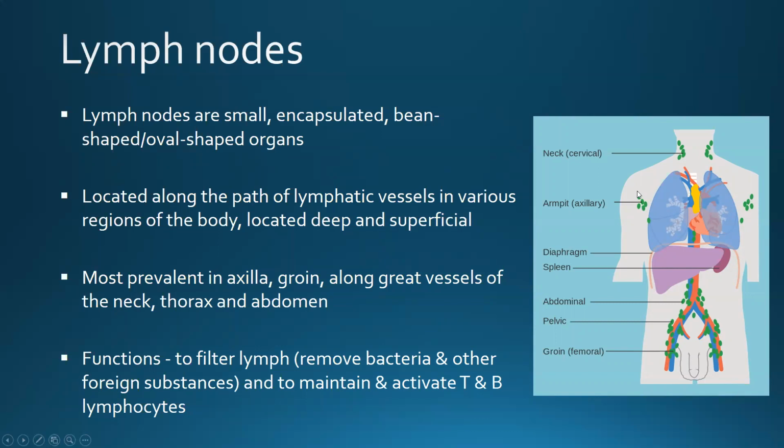They are most prevalent in the axilla, the groin here, along the great vessels of the neck, the thorax, and abdomen. The functions of the lymph nodes are to filter lymph, to remove bacteria and other foreign substances, and to maintain and activate T and B lymphocytes when needed.